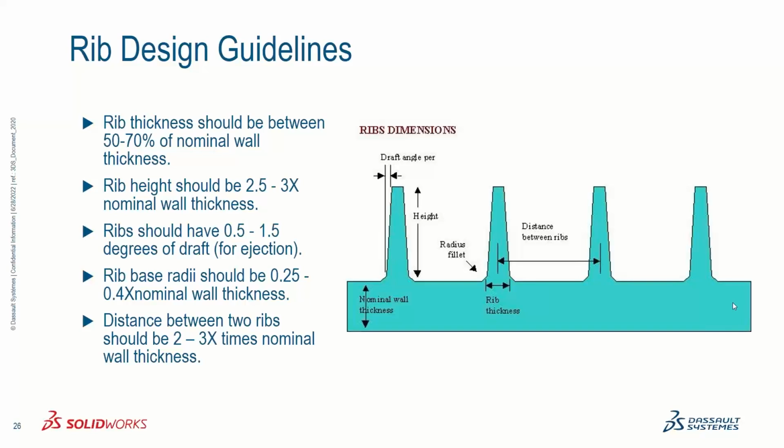At the base of the ribs, you want to have a radii which is 25 to 40% of the nominal wall thickness. And if your design has to have multiple ribs, you want to space them apart such that you're ensuring that there's adequate cooling in between the ribs and you don't have heat concentration and so forth.